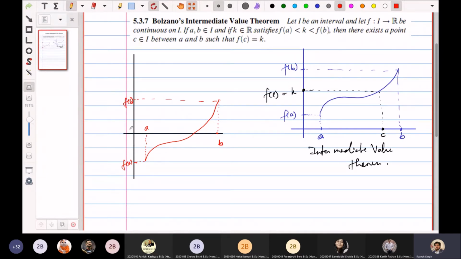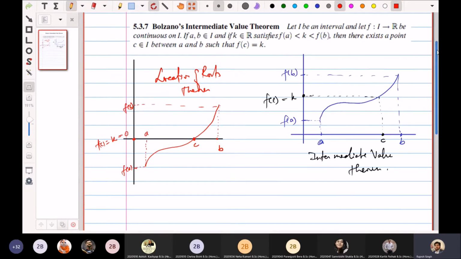This is your 0, which is equal to k. So here there exists a c such that f(c) is equal to k equal to 0. Fine. So this is your location of roots theorem, and this is your intermediate value theorem. Both are the same. You just need to shift your Cartesian system, up or down depending on where the values are, and you will see that both are nothing but the same theorems.